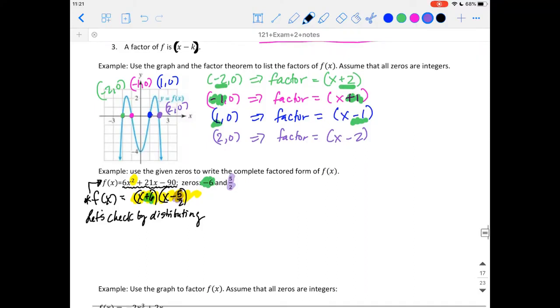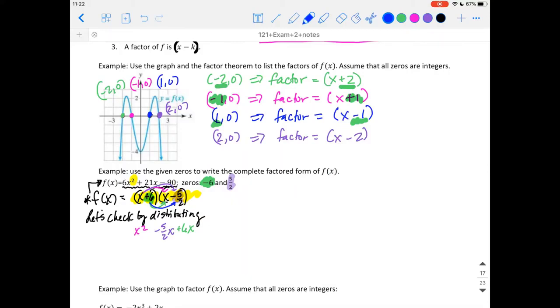All right, so let's change colors here and let's see if that happens. x times x is x². Then x times minus 5/2 is minus 5/2 x. Then 6 times x is plus 6x. And then 6 times a minus 5/2.